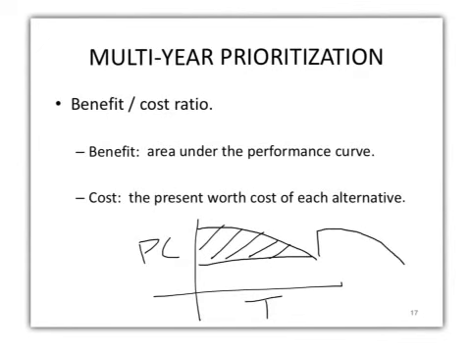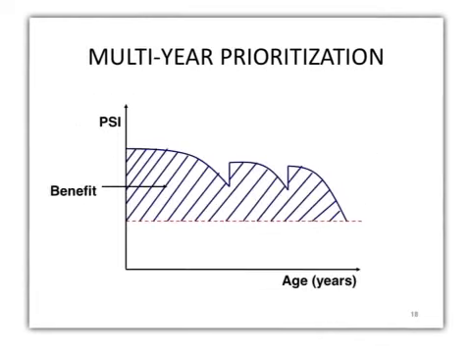This area here, this is what I call the benefit. So the benefit of the first treatment would be this one, number 1, and the benefit of treatment number 2 would be the area number 2, while the cost is simply the present cost of each one of those alternatives.